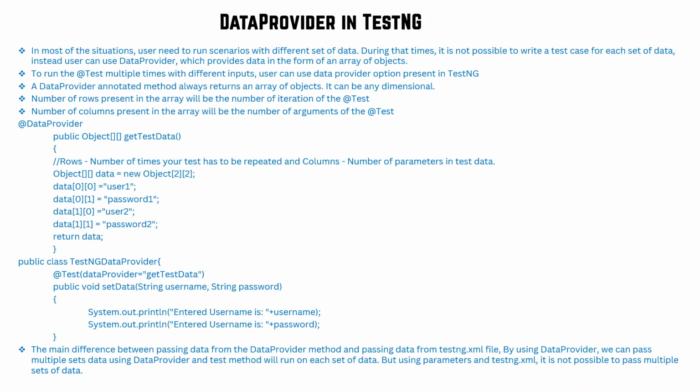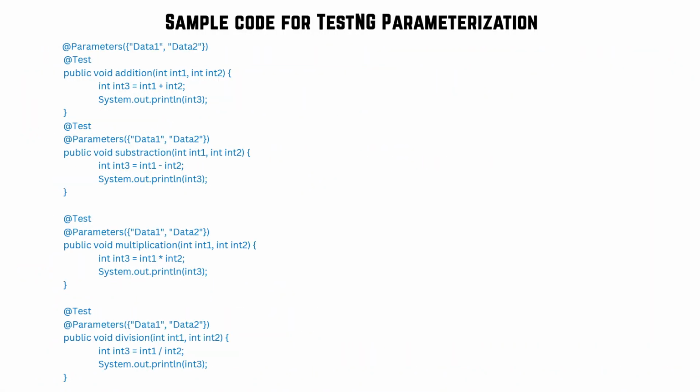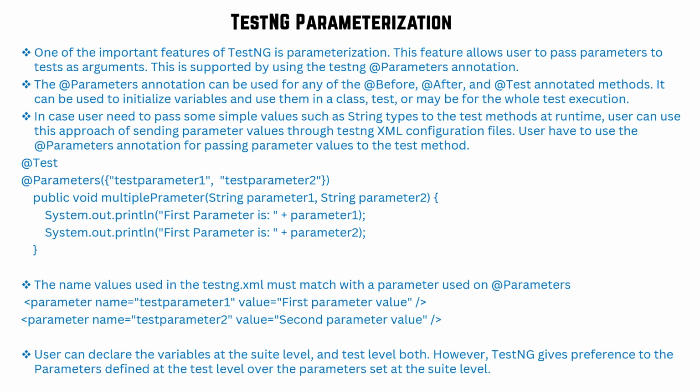Data-driven testing is the same test case repeated with different variations of the data. You can use the data provider for data-driven testing. That is the main important stuff. With data-driven testing you do not need the testng XML file, but for parameterization you need to have all the parameter values in the testng XML file only.